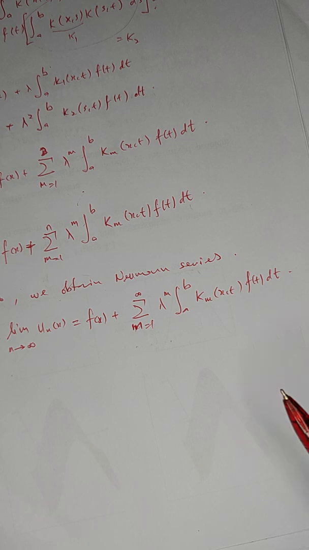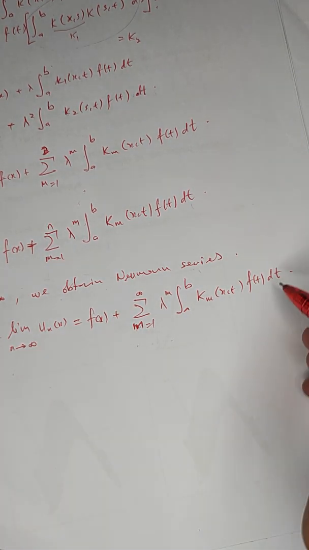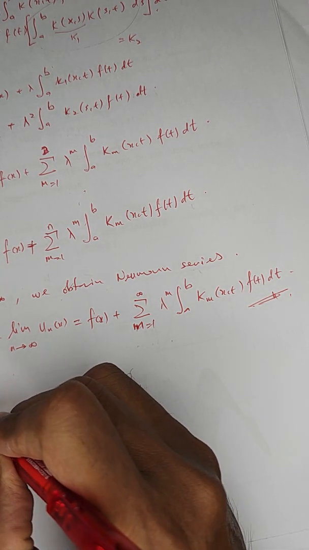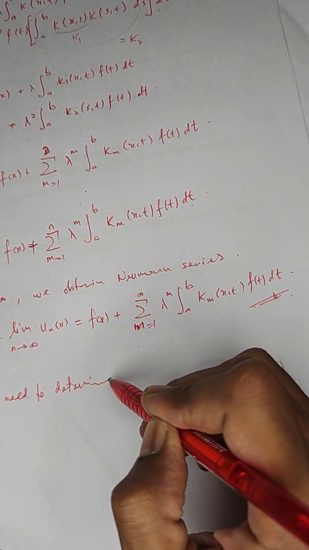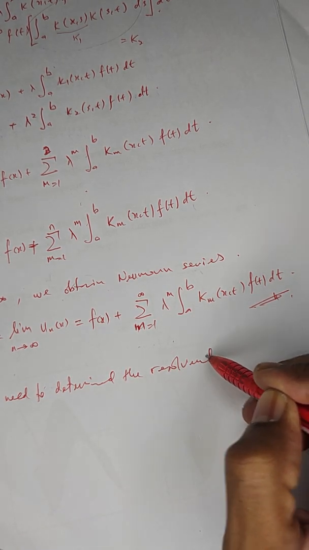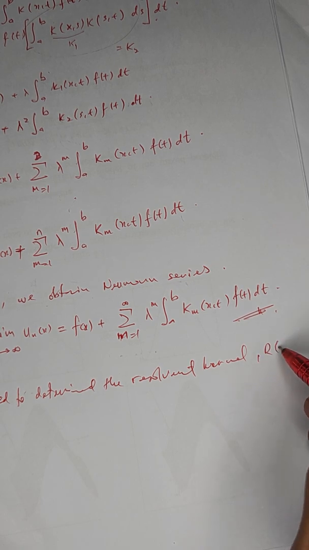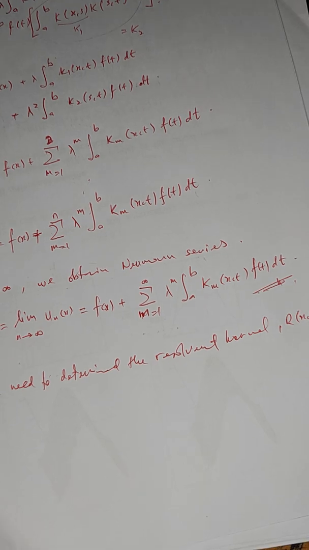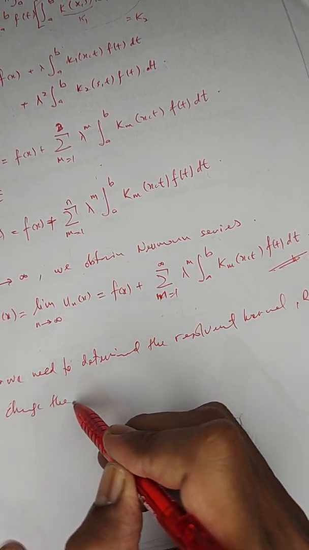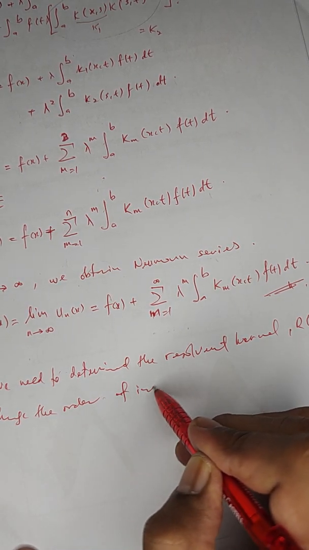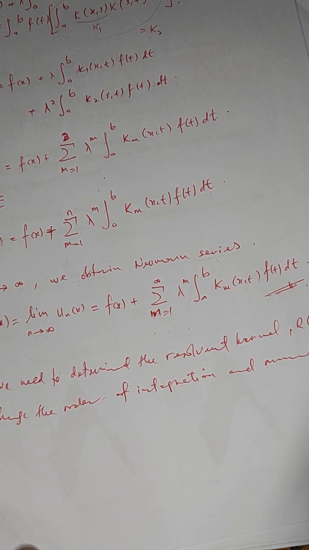So if we change the order of integration between the integral and the summation, we need to determine the resolvent kernel, or reciprocal kernel, R(x,t;lambda).